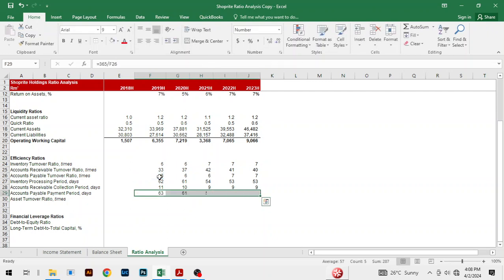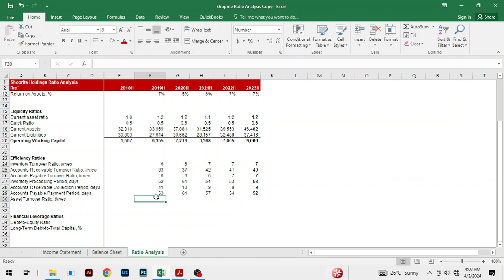So we can still see that they're taking about 52 days to pay their, this is close to 2 months. So they're taking 2 months to pay their suppliers, which is a good thing, because here they've reduced the number of days they are collecting money that is being owed to the company by their customers, which is a good thing.